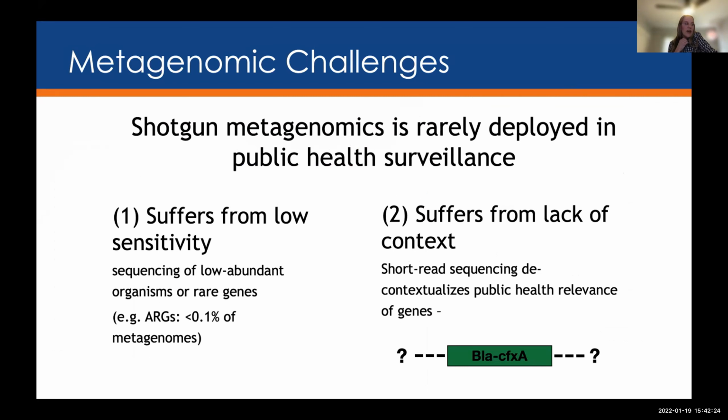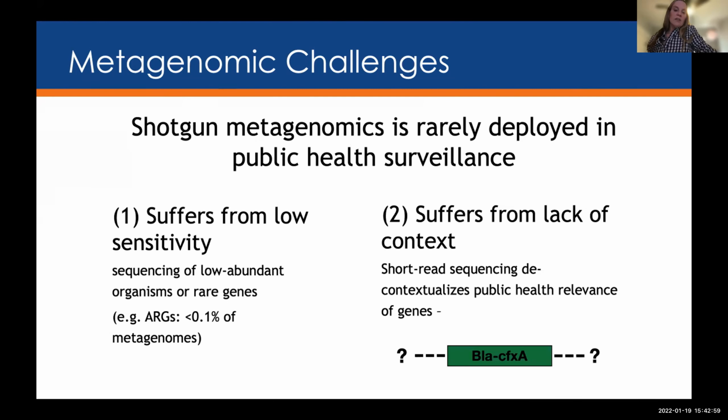We found that on average only between 2 and 5% of the metagenomic reads actually align to the AMR database, and this value can get as low as 0.1% for things such as water samples. What this means is that if you have rare or low abundance reads, it's going to be very difficult to detect them using metagenomics.